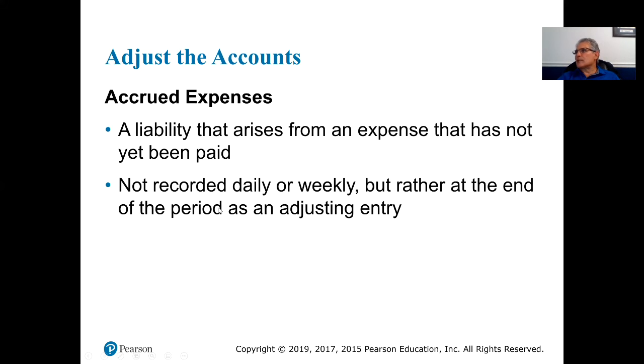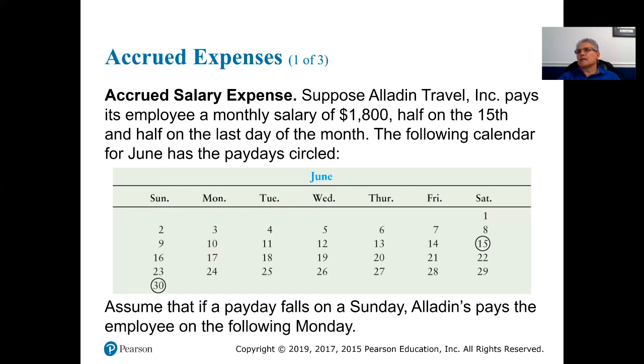So the example we're going to look at here is for salaries. Suppose Aladdin Travel Incorporated pays its employee a monthly salary of $1,800, half on the 15th and half on the last day of the month. The following calendar for June has the paydays circled.